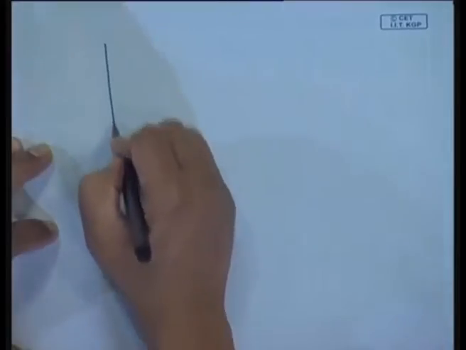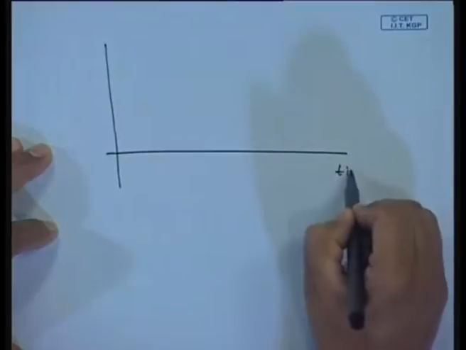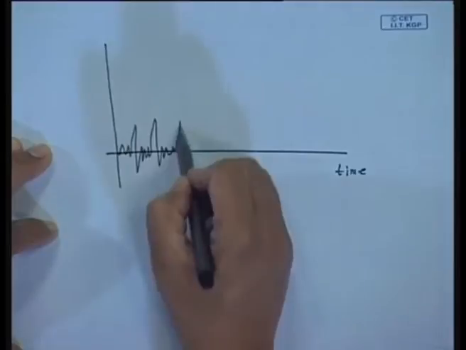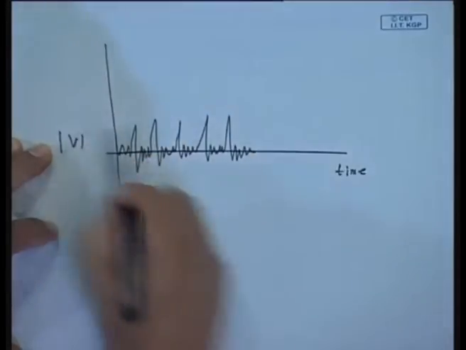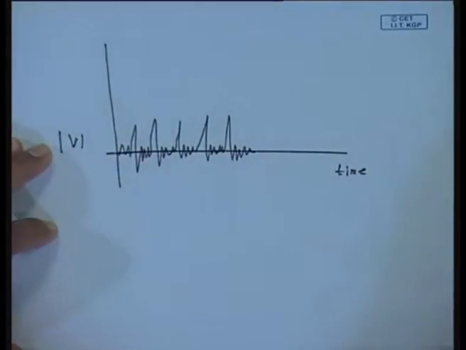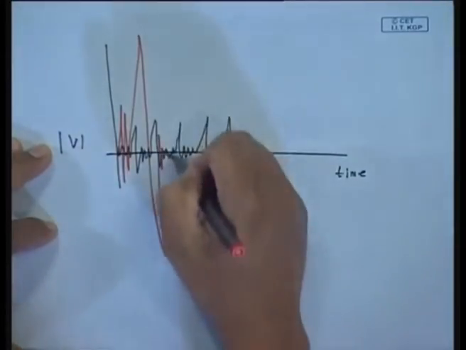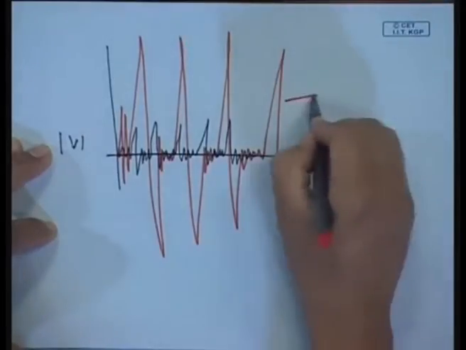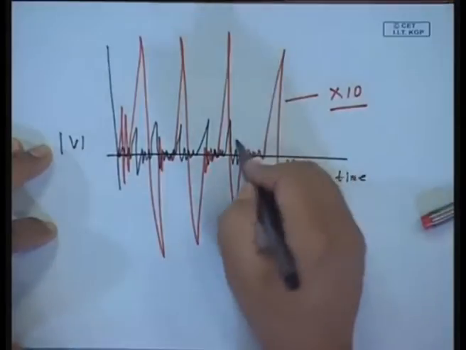Once this noise has increased, I could always, for example, to begin with, my signal in the time domain looks something like this, a certain voltage. If I am going to increase it by a factor of 10, this becomes 10 times, and this is my original signal. The black one is the original signal.